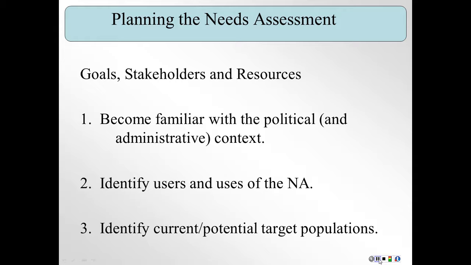So here that also brings in question number 3, identify current and potential target populations. This is going to be important for the needs assessment overall in deciding what kind of data you need to collect, but it's also important just as you're planning the needs assessment. Different organizations out there will address the same population, perhaps in terms of different needs.